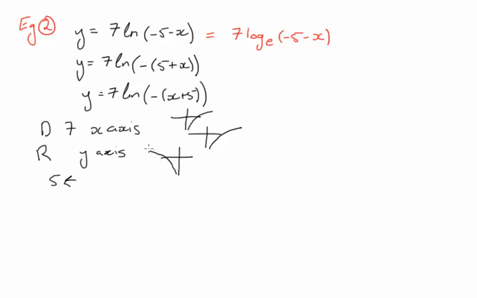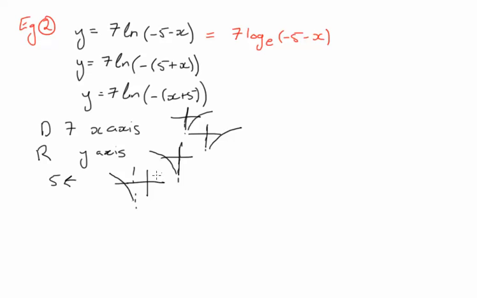Bam. We're over this side now. And we're moving 5 units to the left. So that's going to move our asymptote. Our asymptote's gone from here, it's popped over 5 units to the left as well.